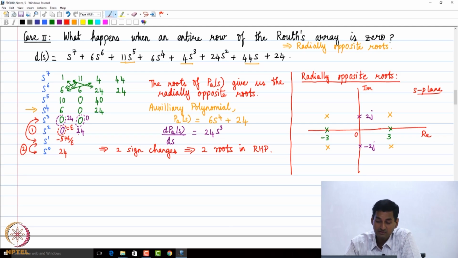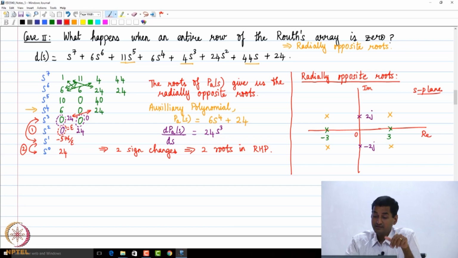This 24? You multiply 24 with 24, minus 6 with null entry divided by 24, right? So is it clear? I hope my calculations are correct, and I hope this array is correct. So that's what we get, 2 roots in the RHP.